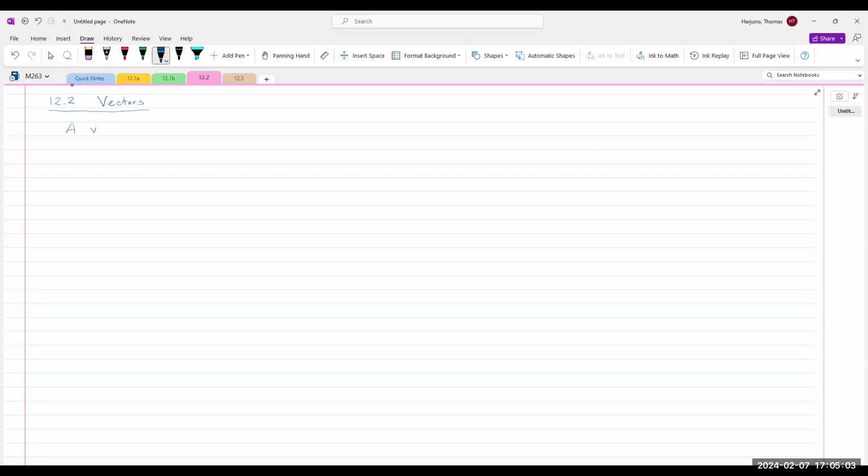A vector is a representation of magnitude and its direction. So you can say magnitude, basically in physics we call that a scalar, just a number. But then it has direction associated with that.